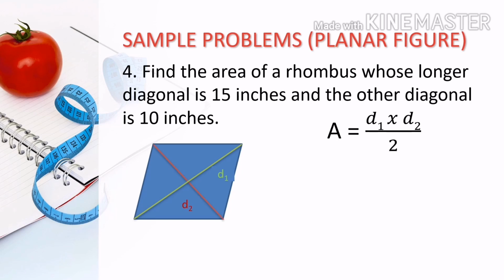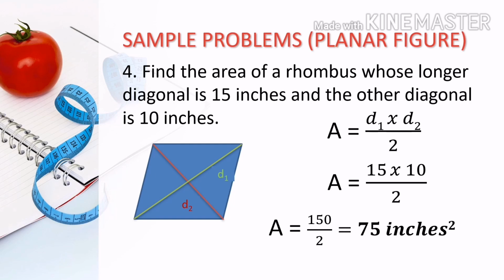So the area is equal to d sub 1 times d sub 2, divided by 2. Lagyan lang natin ng sub-sub, pero it's actually just multiplying the two diagonals divided by 2. Substituting that would be 15 times 10 divided by 2. Therefore, that gives us 150 divided by 2, and the area of the rhombus is 75 square inches.